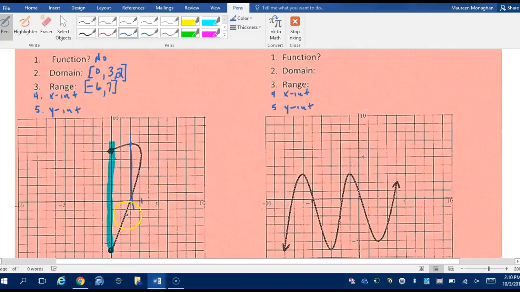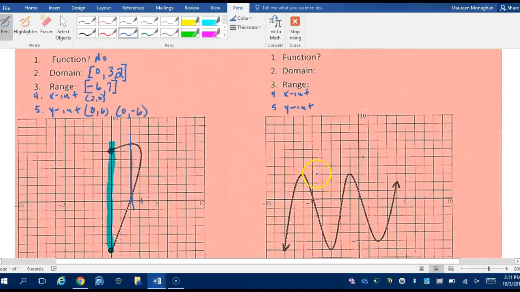What is the x-intercept? Well, it looks like it crosses at 2, so the x-intercept is (2, 0). The y-intercept is at 6 and -6. So we would have (0, 6) and (0, -6).